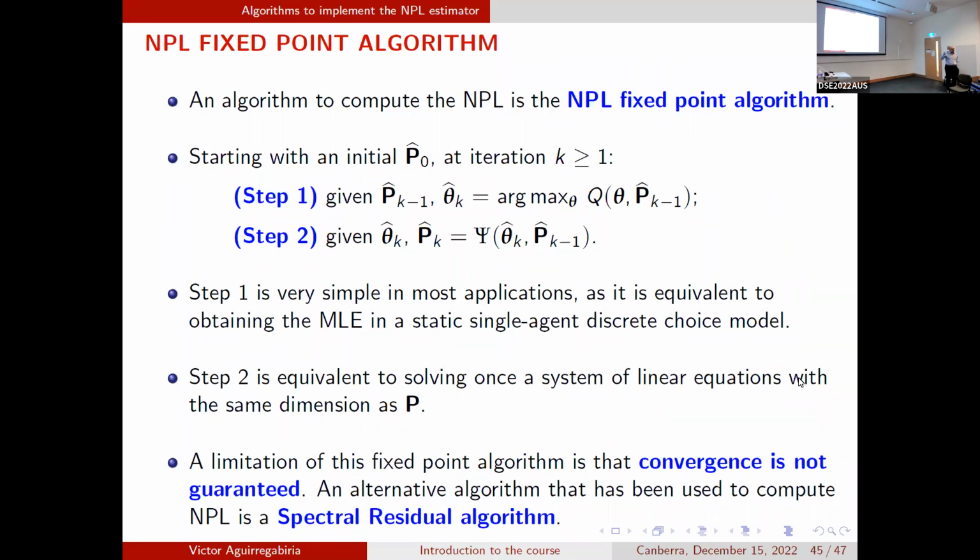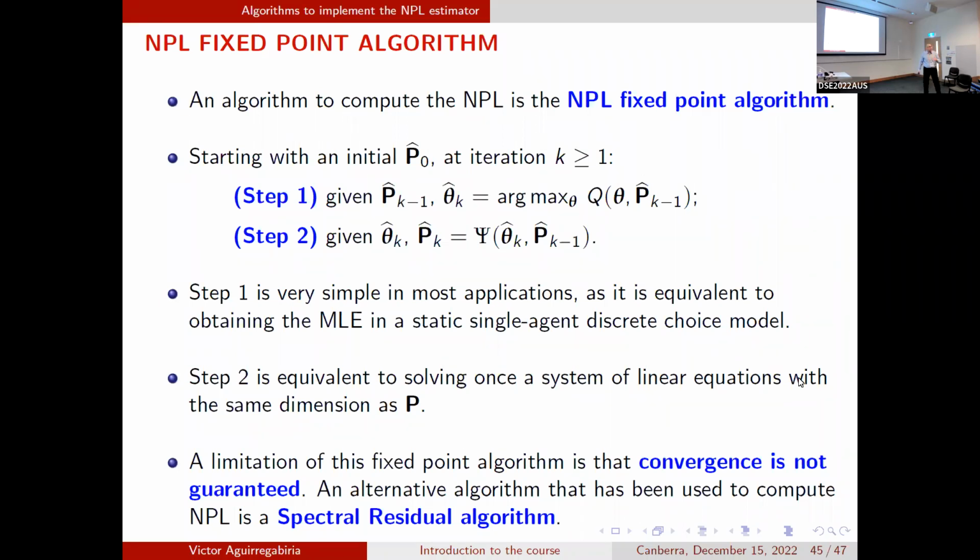Now the problem, and that's something that we study in my paper with Matthew in Quantitative Economics, is that even if you have a model that at the population level is stable, this spectral radius, that is the value, the maximum eigenvalue of this Jacobian matrix, is a random variable given a sample.